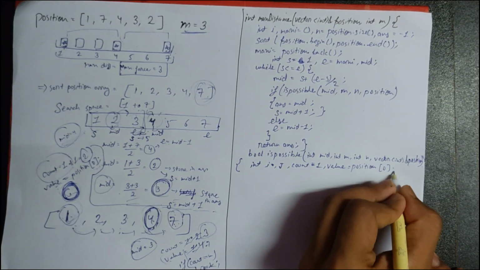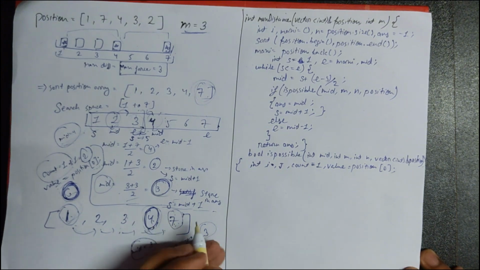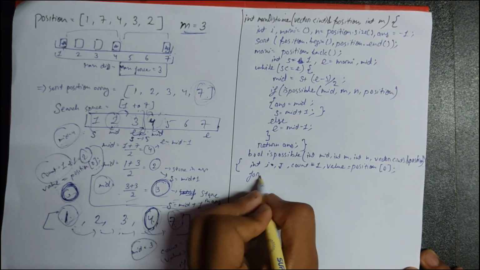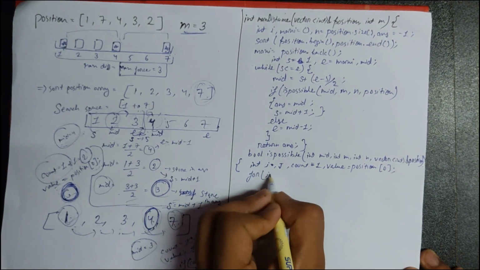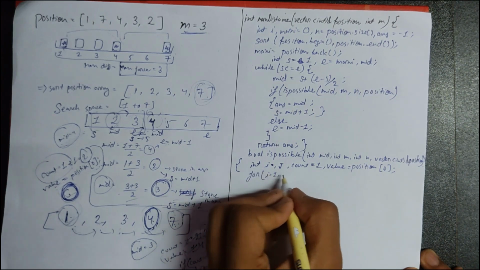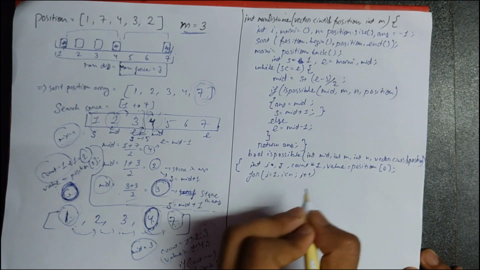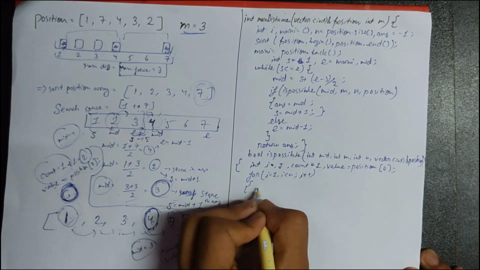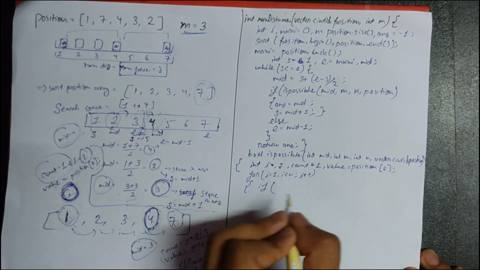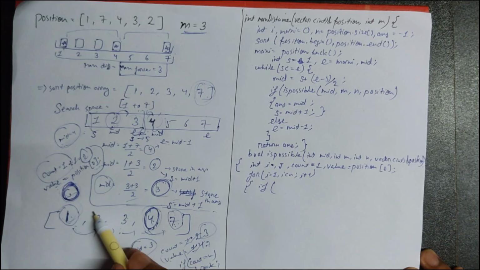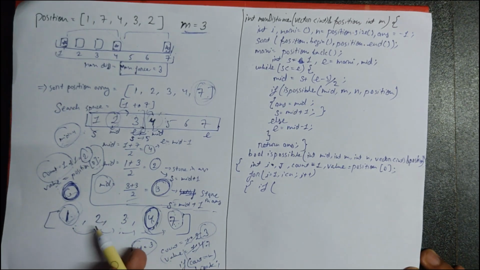And now as I discussed, how we will check: we will simply run a loop from the second index. So for i equals 1, second block, sorry, i less than n, i plus plus. And now, as we discussed, if the difference of these two is greater than or equal to mid, we will update our counter and we will update our value.